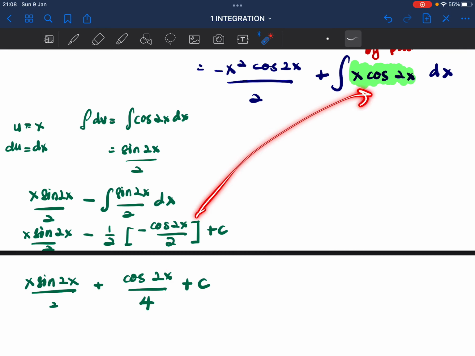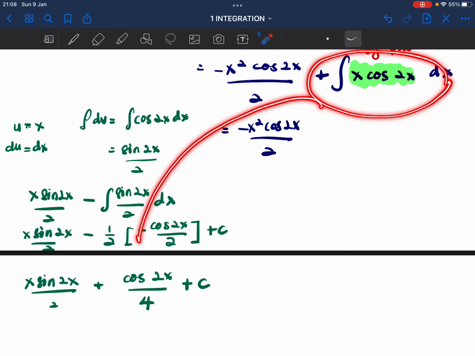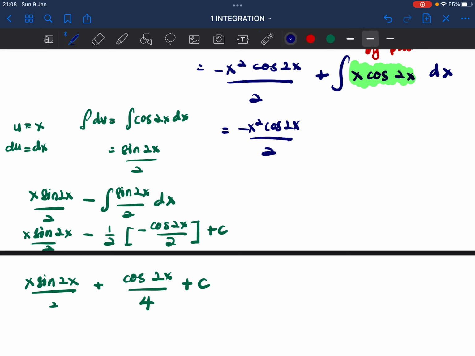Now just substitute. So equals to negative x square cos 2x over 2. The integral here we have solved by using by part once again. So the answer here is plus x sin 2x over 2 plus cos 2x over 4 plus c.